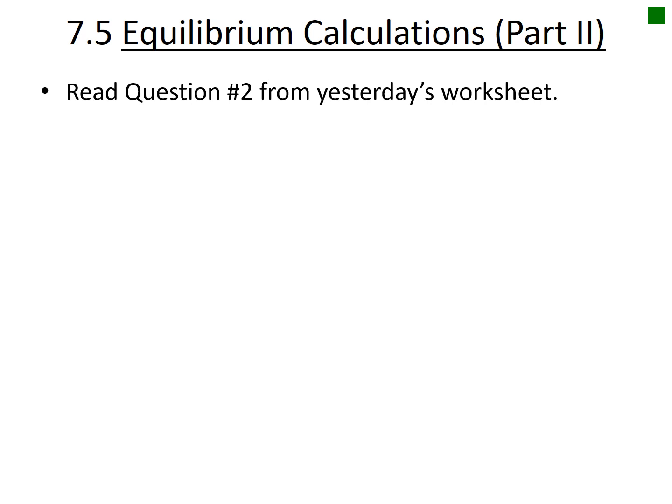Well, we are going to make a couple of general assumptions here. Let's get these down first. So first of all, if K is small, and remember we think about K as products over reactants, so if K is small, start with only reactants.